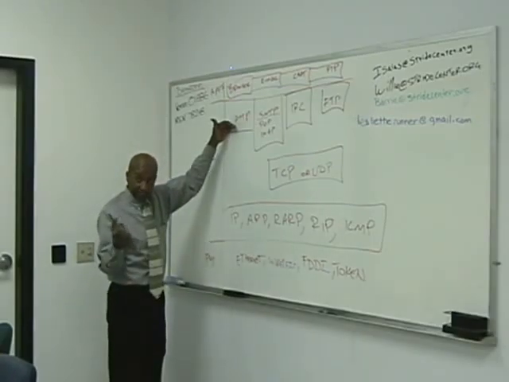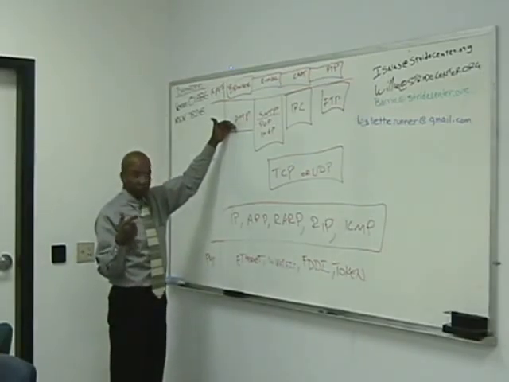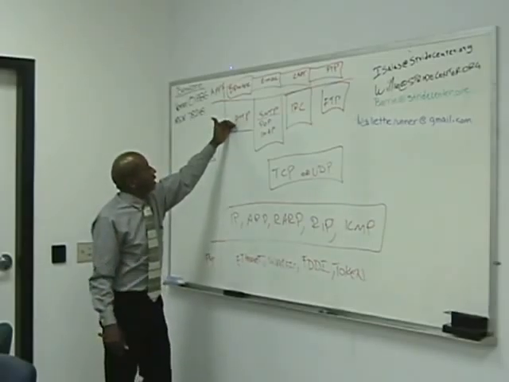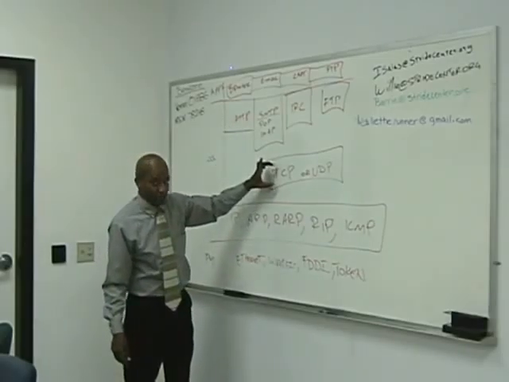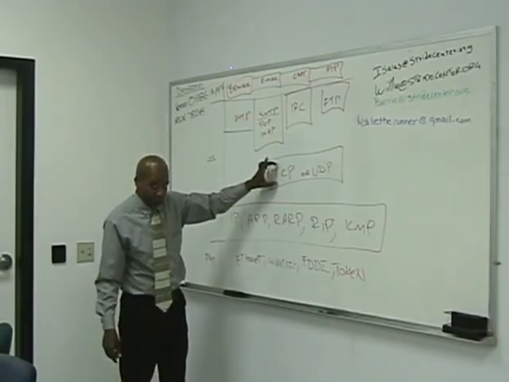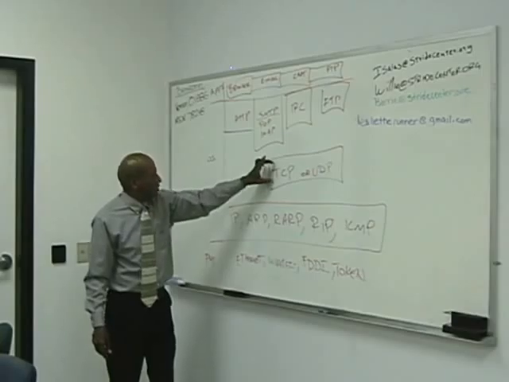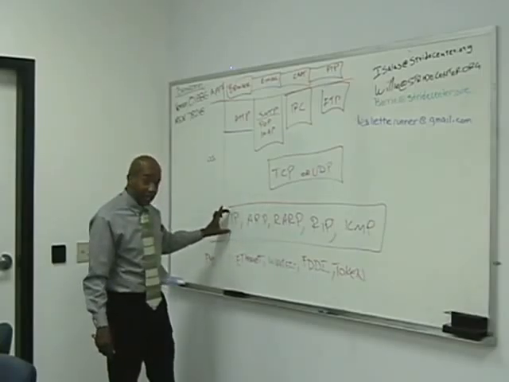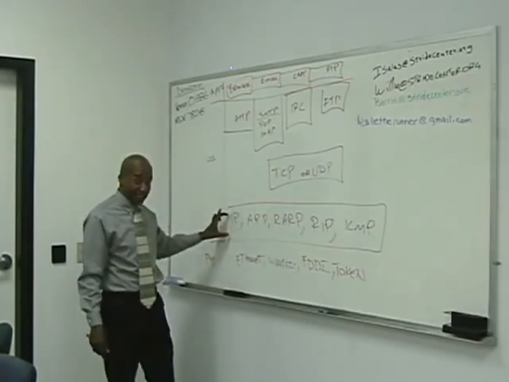Some header information is included, right? The HTTP version and some other things. It goes inside of TCP. Additional header information is included. TCP goes inside of IP. Additional header information is included.